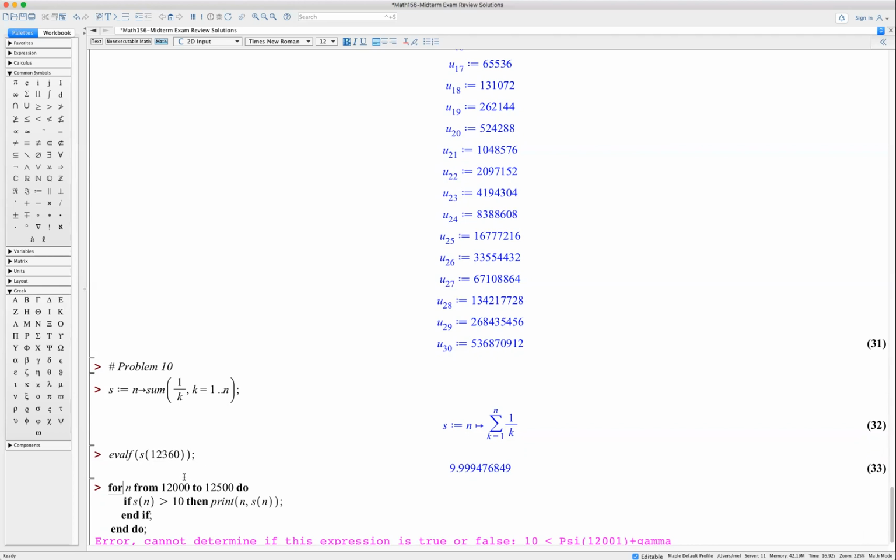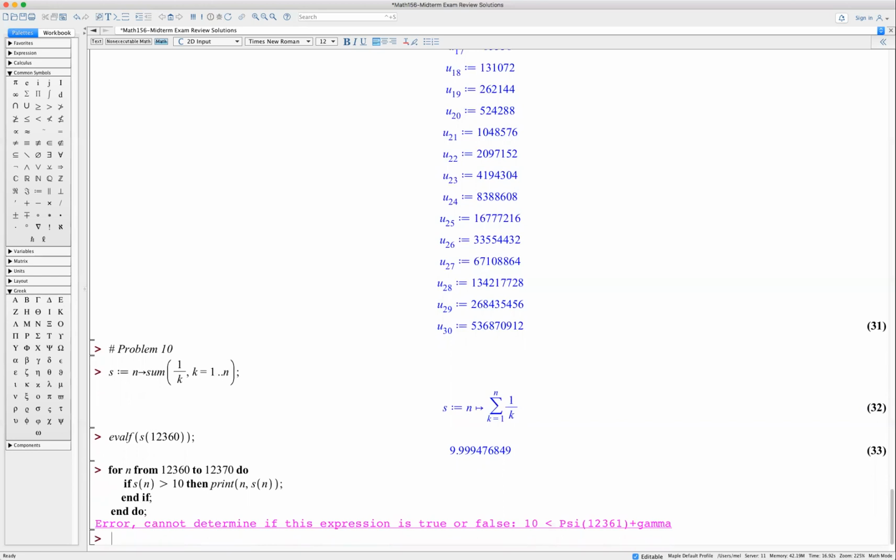So it's between 12,360 and 12,370. Let's see if it will do this for me. No, I can't do it. I'm not sure why. But we know where to look now.